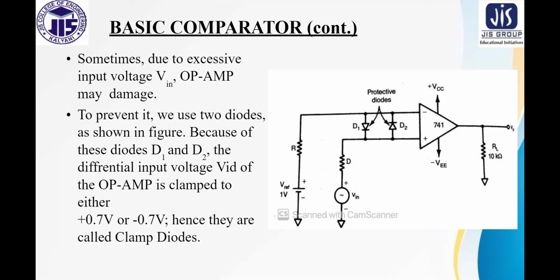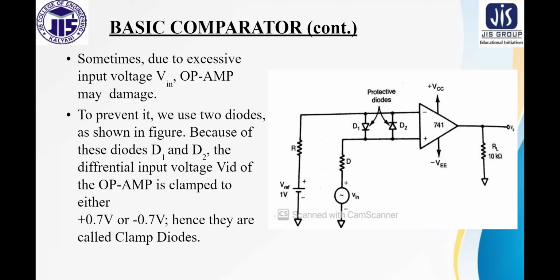The rest of all the circuits are the same. Only two diodes are connected in an anti-parallel way. These two are known as protective diodes. This type of application we will again see in power electronics, where those diodes will be known as freewheeling diodes.